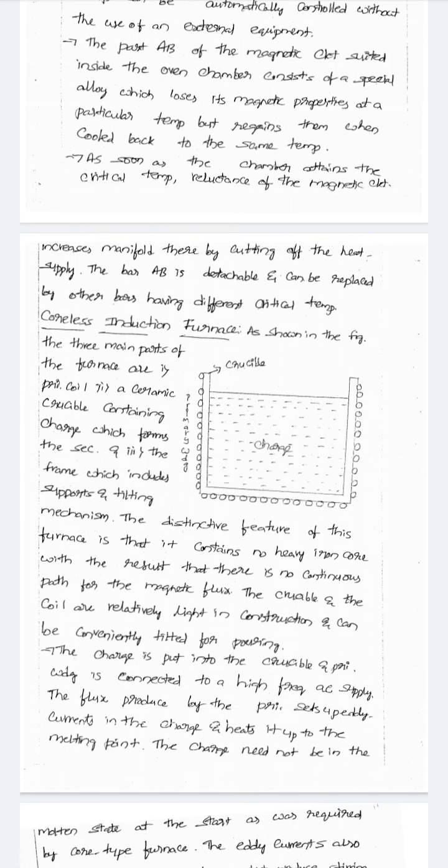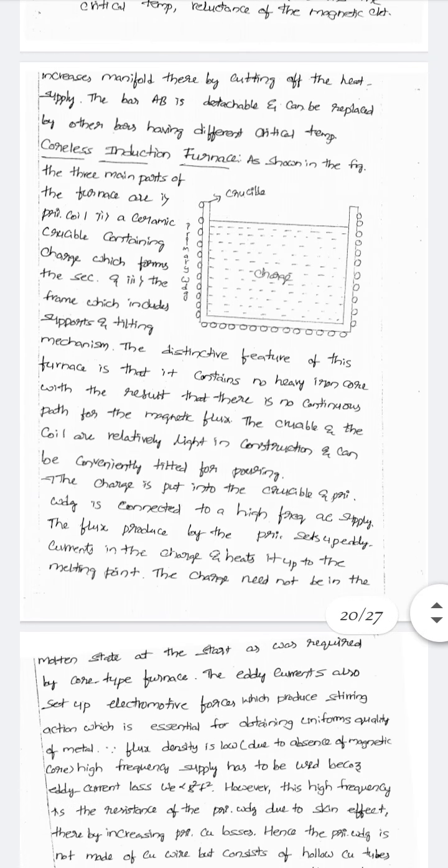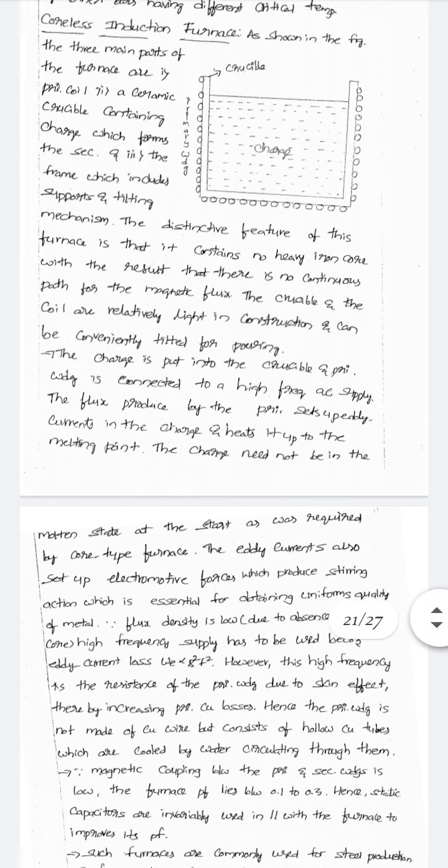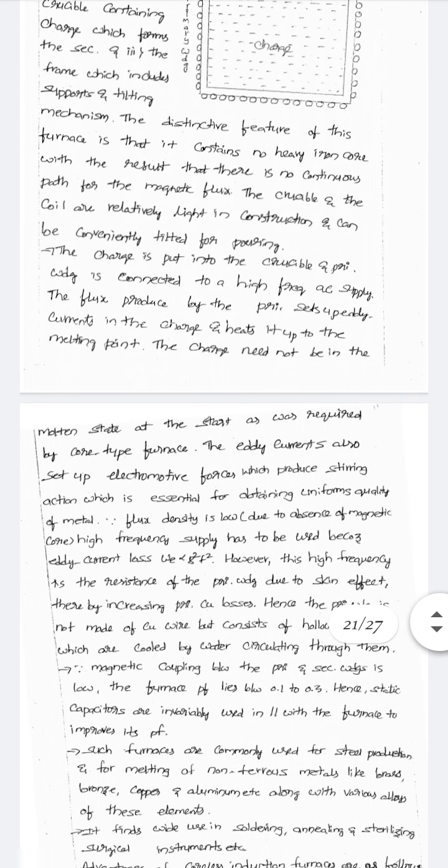The distinctive feature of this furnace is that there is no heavy iron core. The charge is put into the circular ring and the primary winding is connected to a high frequency AC supply. The flux produced by the primary heats up the charge. The charge need not be in a molten state at the start, as is required by a core type furnace.